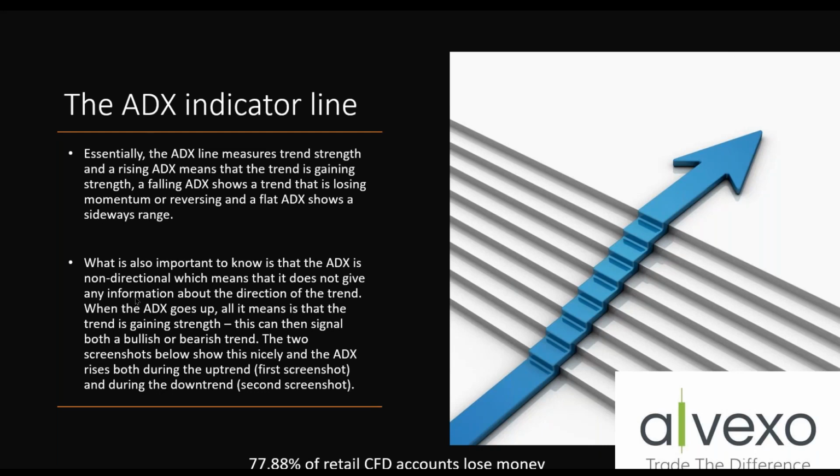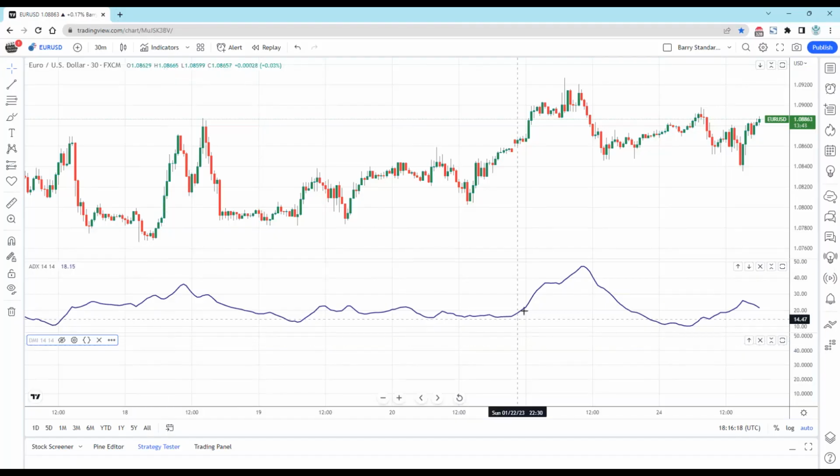So in other words, as we see that ADX moving up, it's not just telling us that we're moving into an uptrend. It's telling us that we are gathering momentum. We're gaining that momentum, and this is where you want to be entering the market. As that momentum starts gaining and climbing, you want to be in the markets.